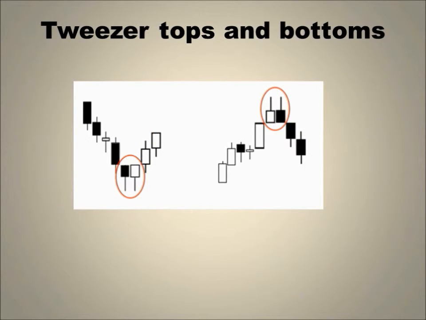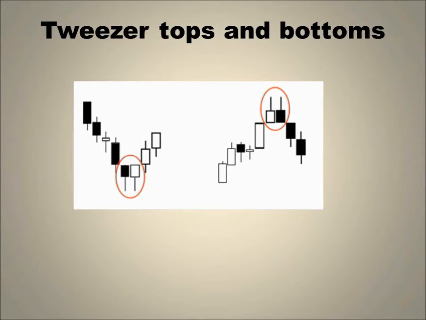Now we have tweezer tops and bottoms. Now, when you look at a pair of tweezers and compare that to this circle, well, they look like tweezers. And when we see tweezer bottoms, this tells us that the trend may be reversing soon.